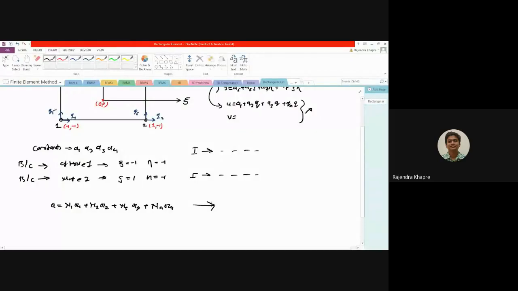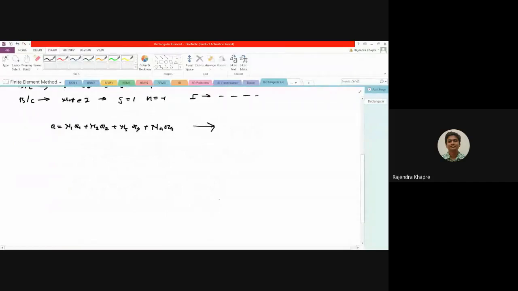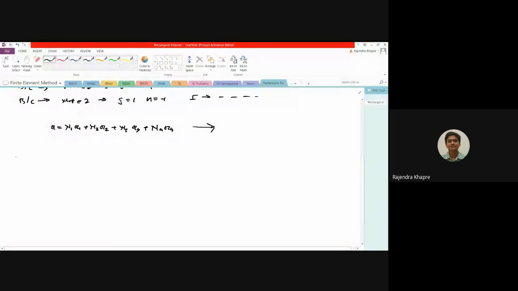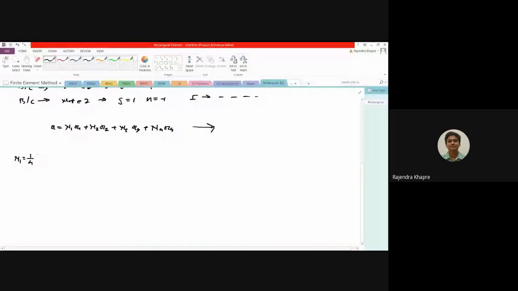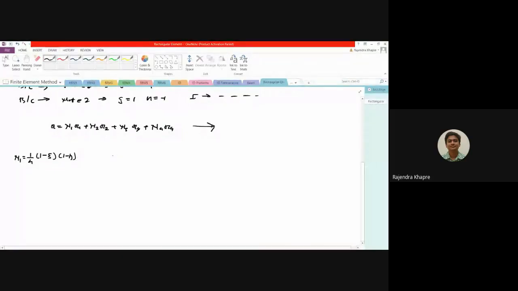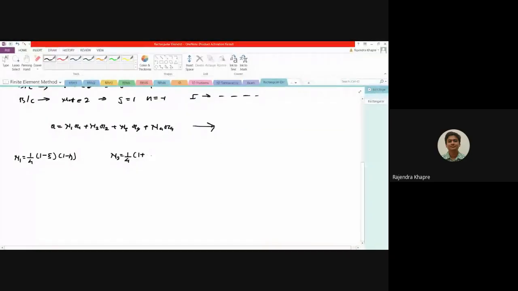Now here n1, n2, n3, n4 are nothing but the shape functions. And if you are able to do it, then you will get the n1 value as 1 divided by 4 into (1 minus xi) into (1 minus eta). So this will be the value of n1. Your n2 will be 1 upon 4 into (1 plus xi)(1 minus eta).